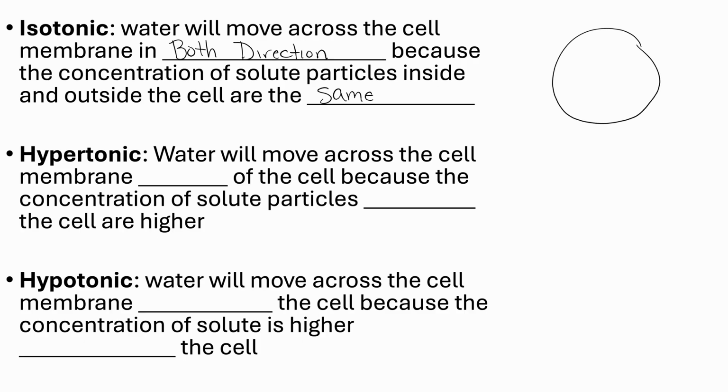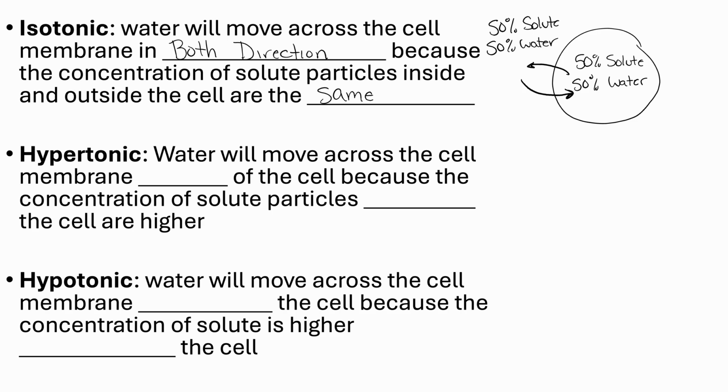So if I have my cell right here and I have 50% solute and 50% water, and it is the same concentration outside the cell as well, then when we look at the water concentration, they're equal. So the water is going to flow in and out at an equal rate, and the cell is going to remain the same size.